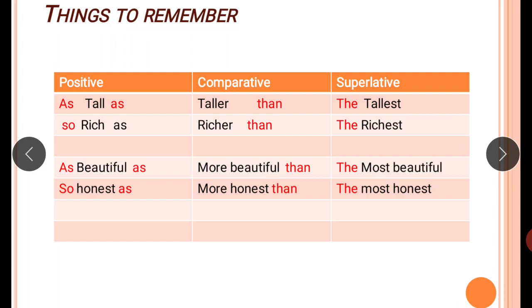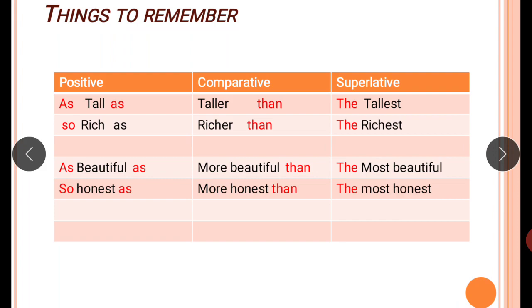So you may ask where to use more and most in comparative and in superlative. There is a small tip that you need to remember. Monosyllabic: tall, in just one beat we can say tall. It's a monosyllabic word. All monosyllabic words get their comparative and superlative by adding -er and -est.